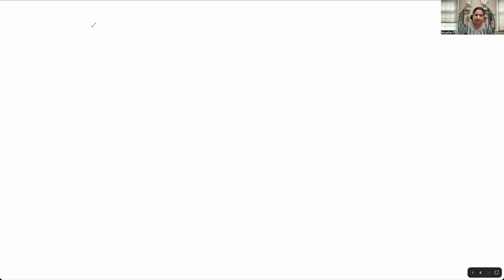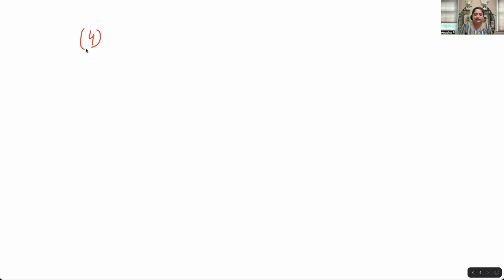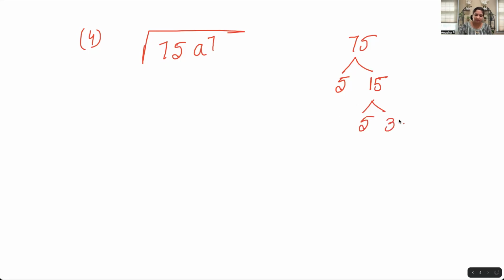Coming to the fourth example, 75 a to the power of 7. 75 is 5 times 15, okay? 5 times 15 is 75, and again 15 is 5 times 3. We can write it as 5 times 5 times 3, and a to the power of 7 we can write as a to the power of 6 and a.